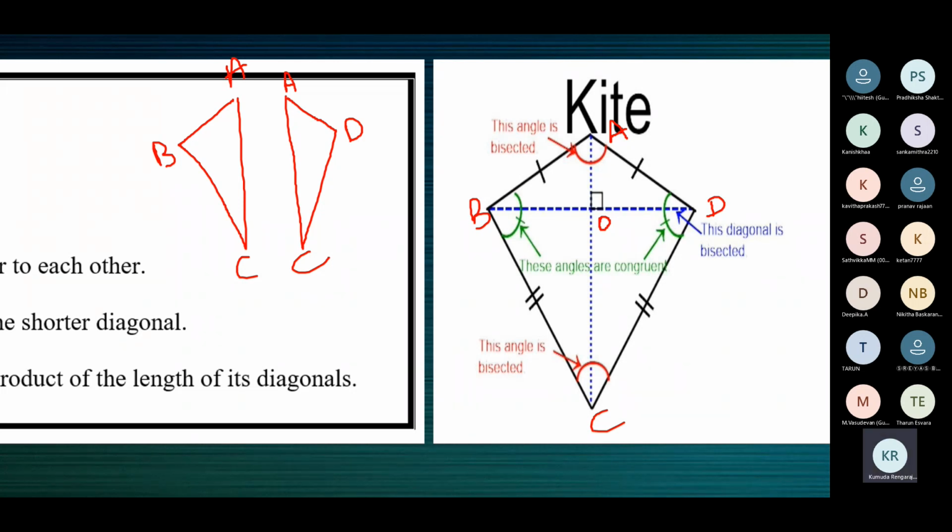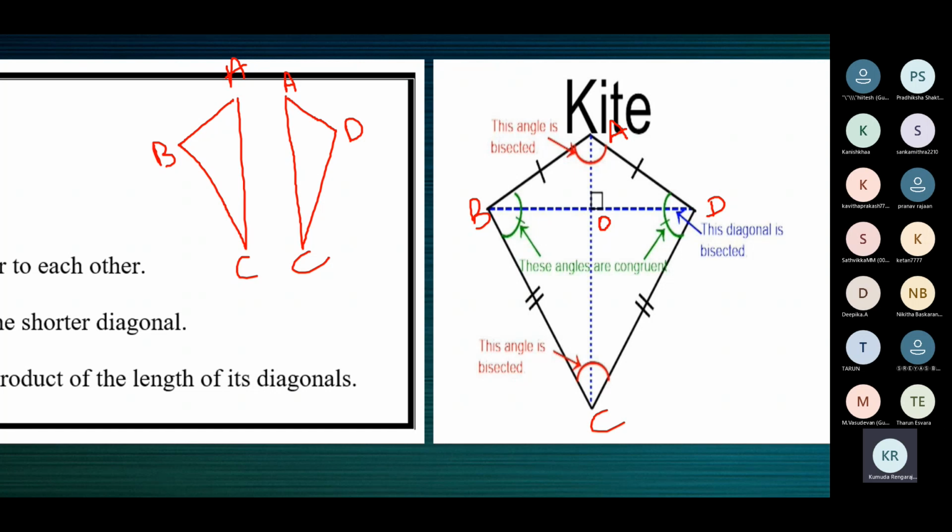Diagonals, okay, there are three things. Diagonals intersect in all convex quadrilaterals. Okay, let me finish this, I'll tell you why I said convex.